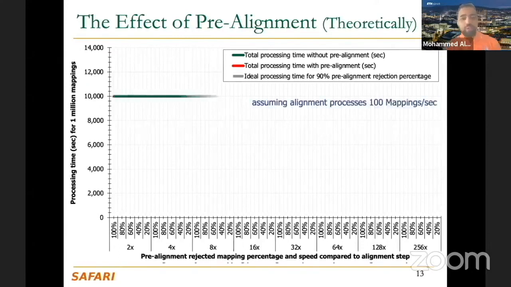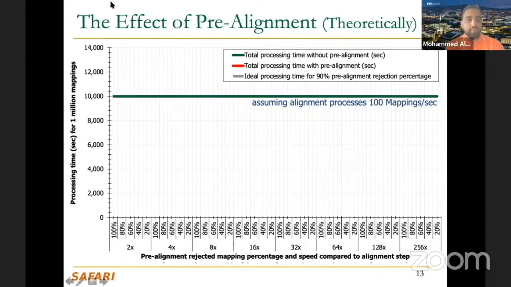Now, remember, going back to the question I asked earlier, why can't we remove all incorrect mappings or all dissimilar sequences? Now, this is a plot that has too much information, so I really need your focus here. In the x-axis, we have information on the filtering.